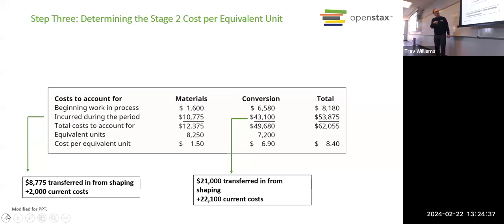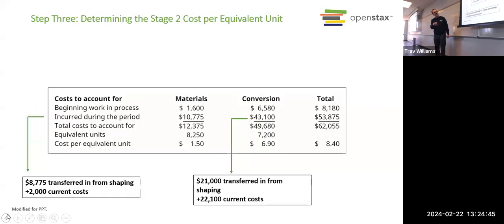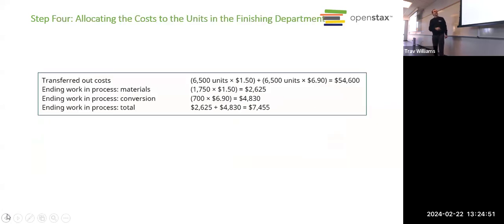So all of that gives us our total conversion cost divided by our equivalent units, which we got right there. And that gave them the conversion cost per unit. And then you can figure out how much was the cost of what got transferred out of that department versus what's still in ending inventory.